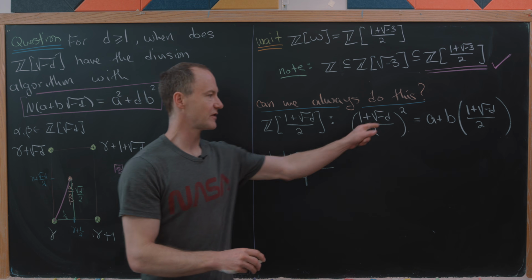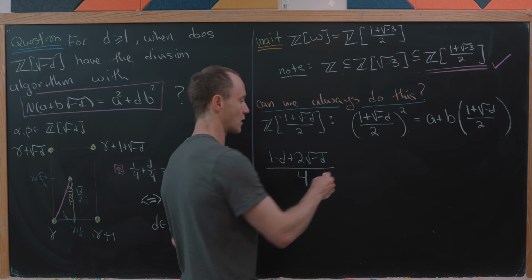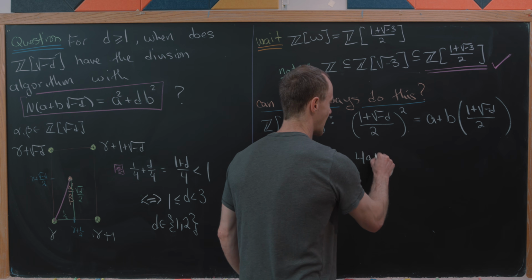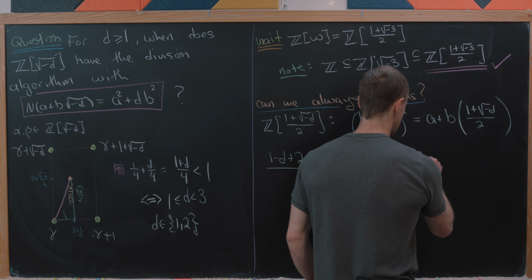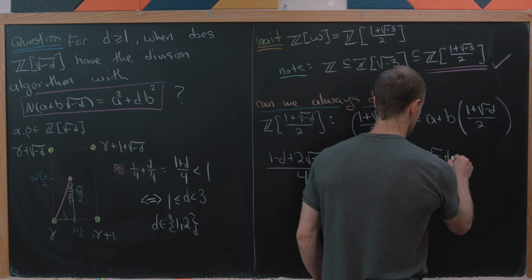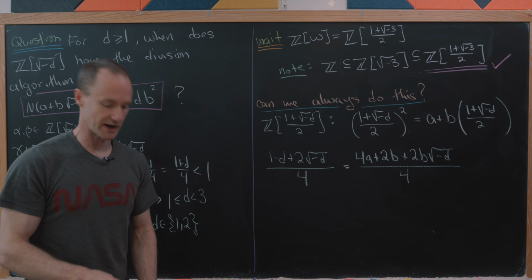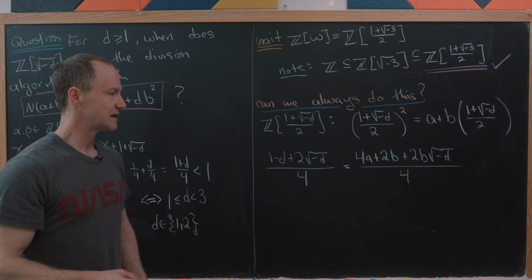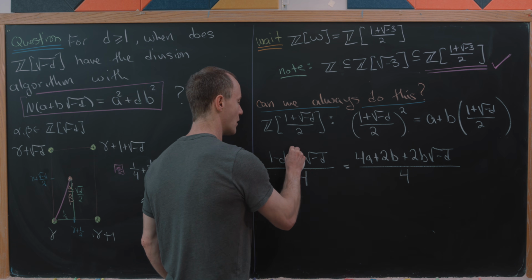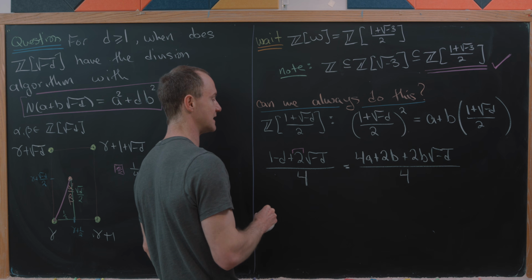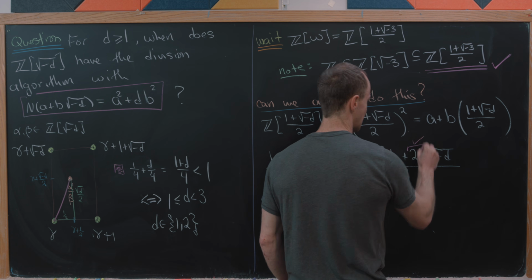And then putting everything on the right-hand side into a fraction where the denominator is 4, we see that that's going to be (4a plus 2b plus 2b times the square root of minus d) all over 4. Okay, great. But now let's observe we can just equate coefficients. Notice that the coefficient of the square root of minus d in the numerator here is 2, and here it's equal to 2 times b.